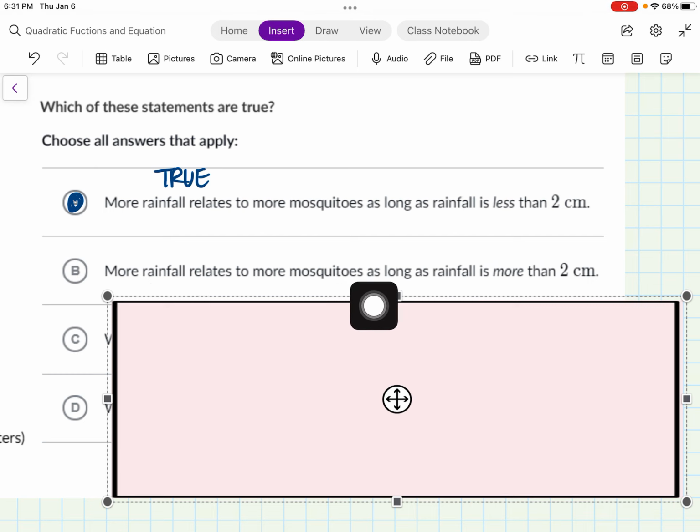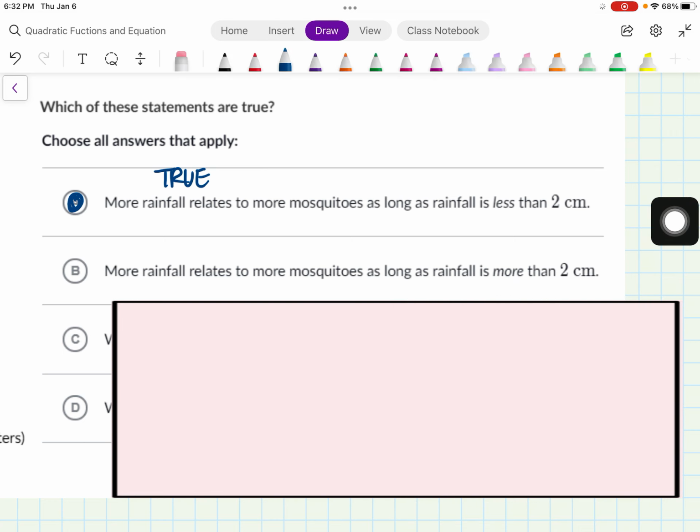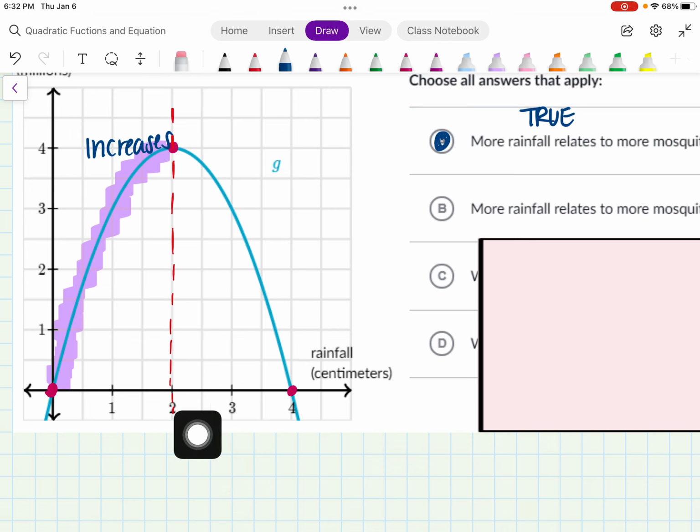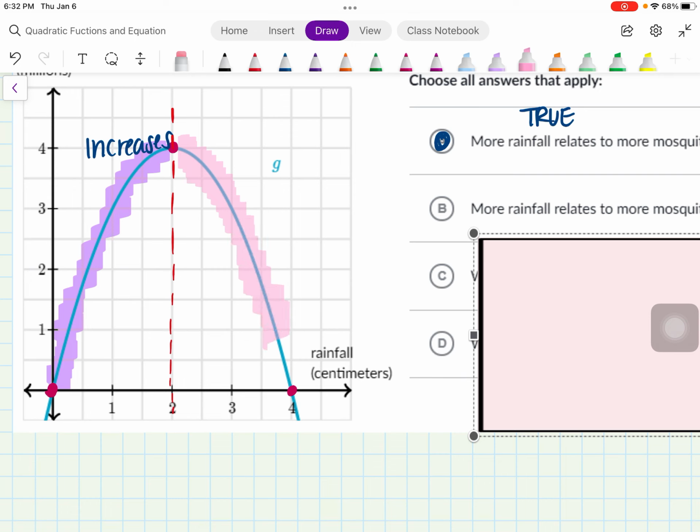All right, let's go ahead and check out the next one. The next one says more rainfall relates to more mosquitoes as long as rainfall is more than 2 centimeters. So when rainfall is more than 2 centimeters, from 2 all the way to 4, it says we should have more mosquitoes. Now, question for you guys is what's happening to the population of mosquitoes here?